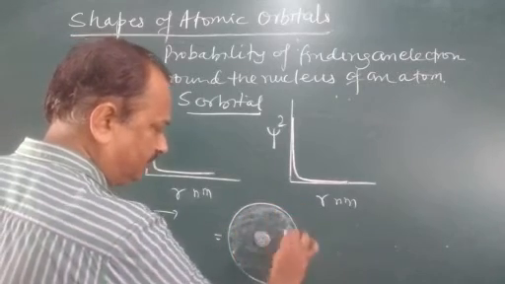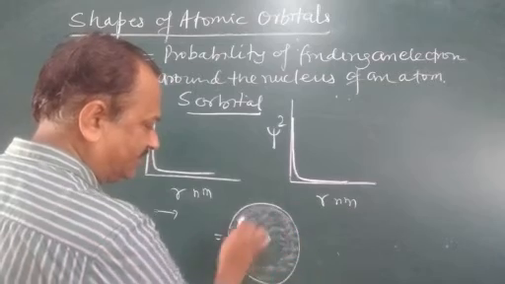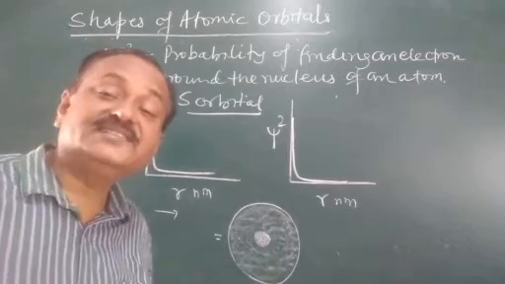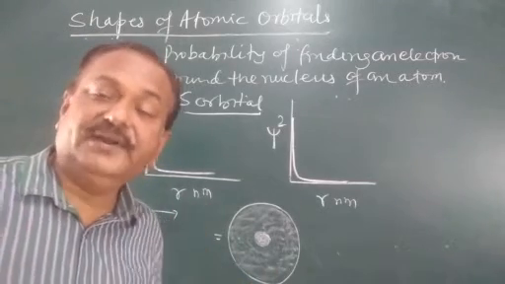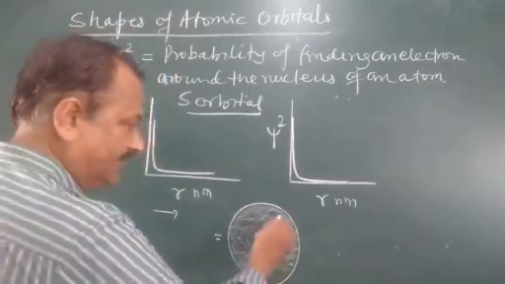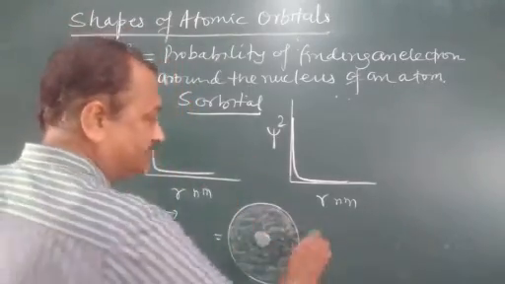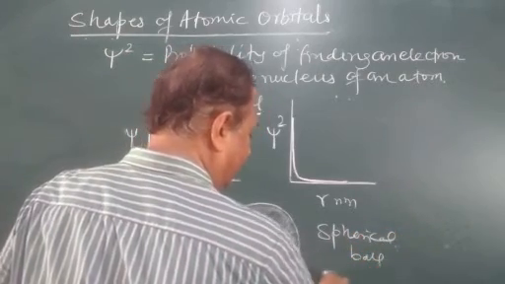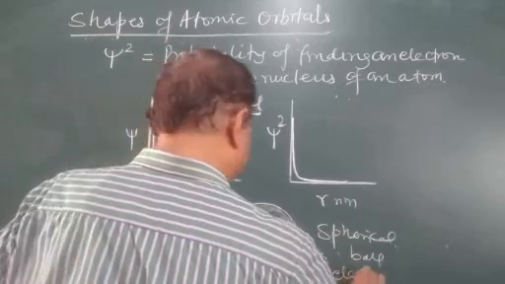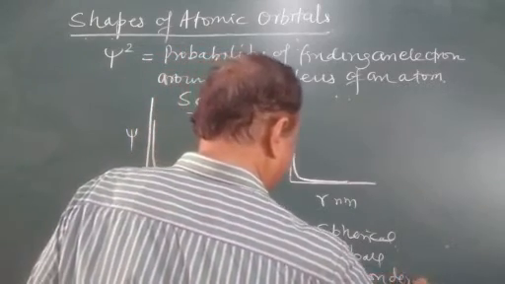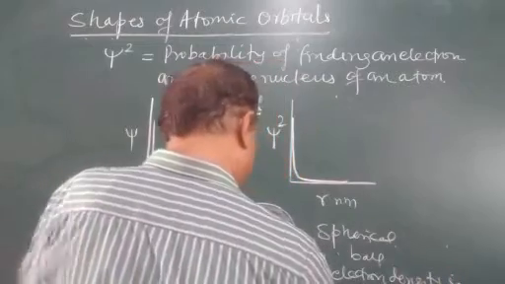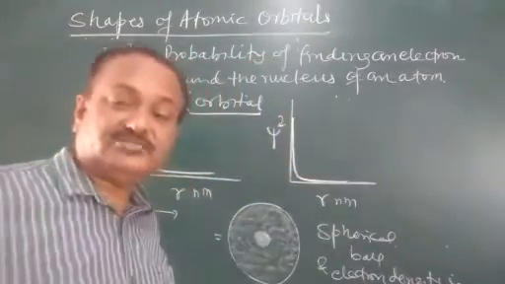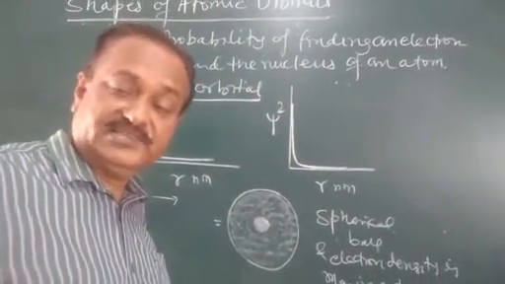This uniform distribution of the electron density indicates a progressive decrease in the density, but the density never becomes zero. The probability of finding an electron is always there. It is spherical, like a ball, and electron density is maximum in the center.